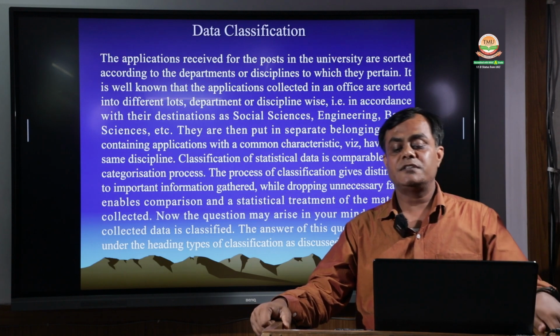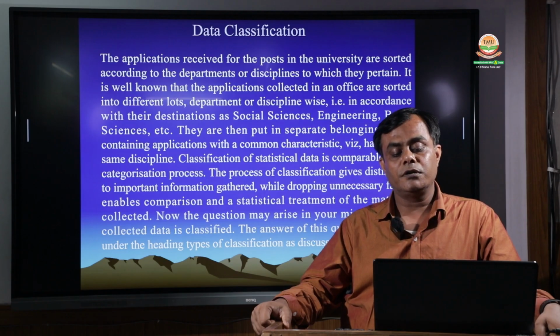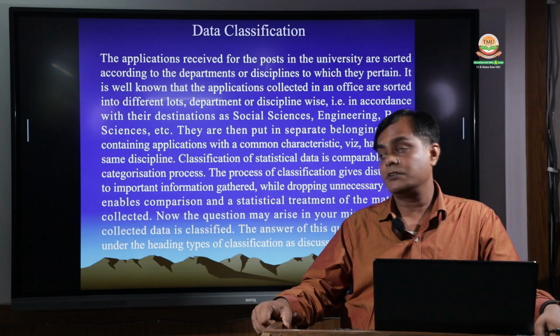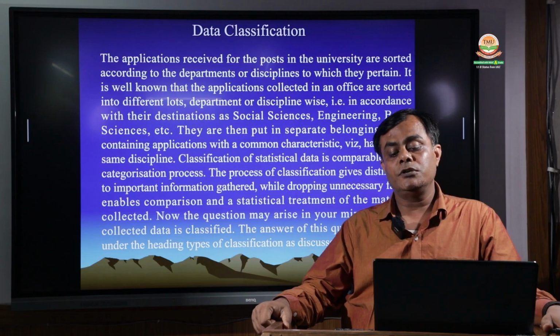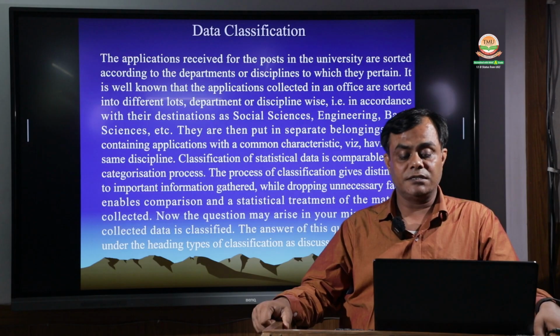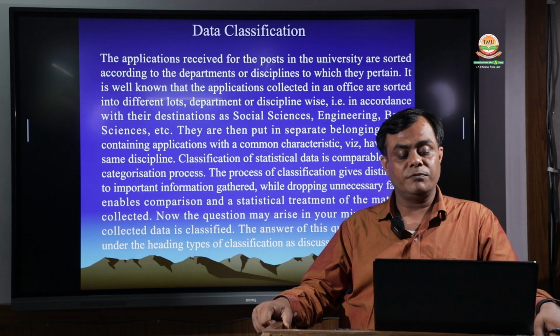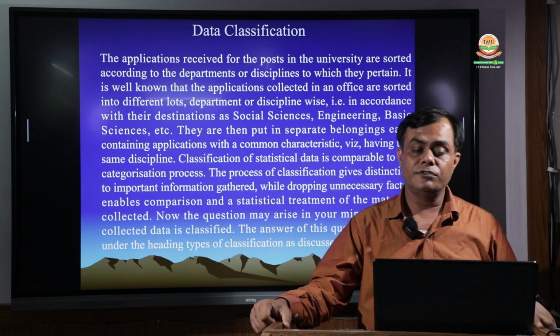The process of classification highlights important information gathered while dropping unnecessary facts, and enables comparison and statistical treatment of the material collected. Now the question may arise in your mind: how is collected data classified? The answer to this question is given under the heading types of classification, as discussed below.